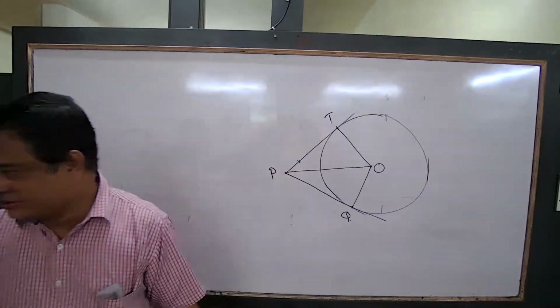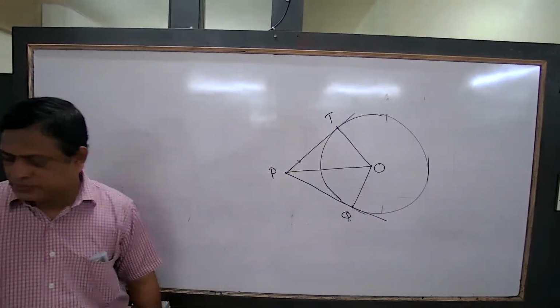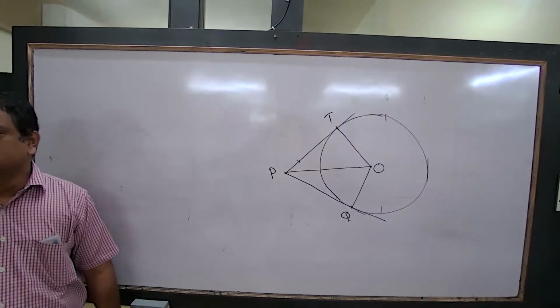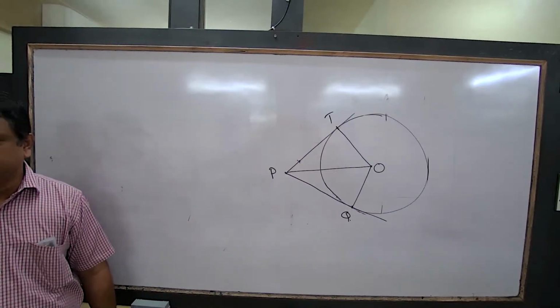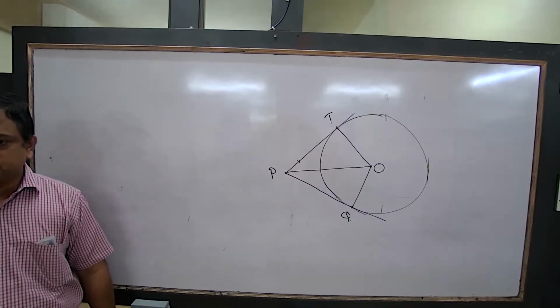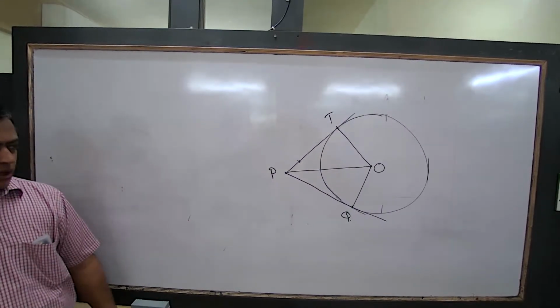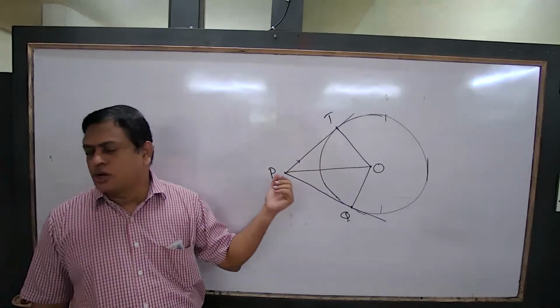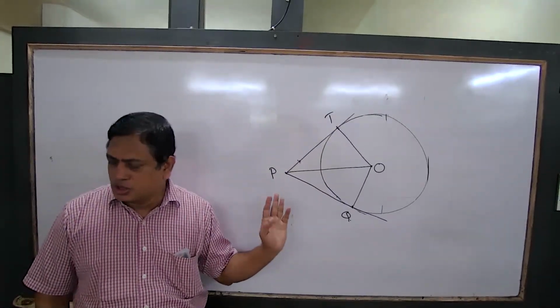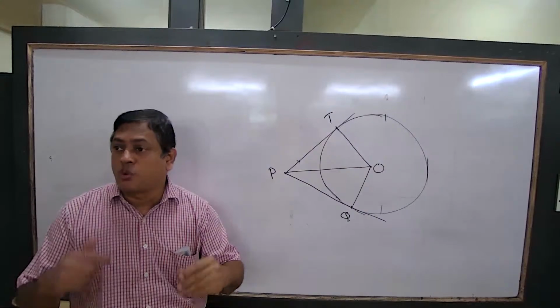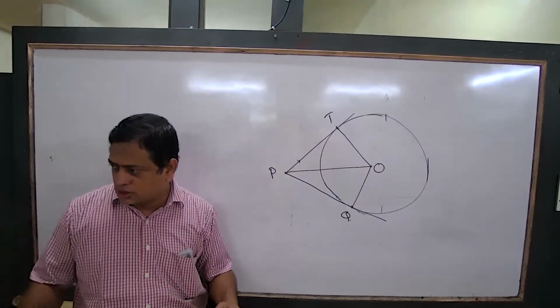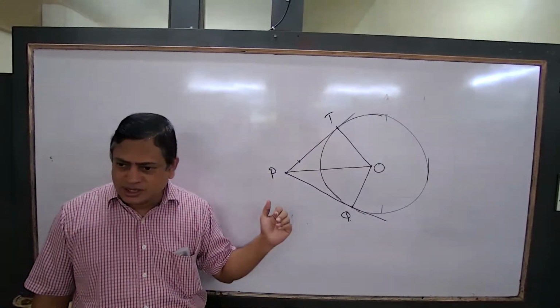Sir, OT will be perpendicular to, sorry. Look here, you have to tell this way, simply don't tell perpendicular. For that, why it is perpendicular, first you have to write, not simply the theorem, right?